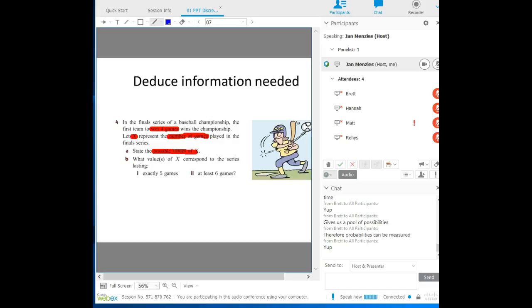So reread, the variable x represents the number of games played in the final series. So how many games might be played in the final series?